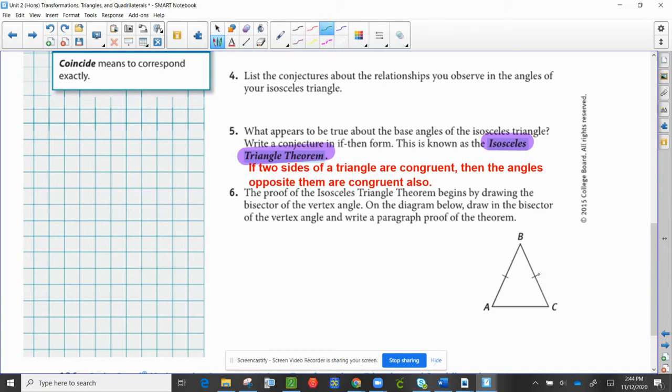If side BC is congruent to side AB, then the angles opposite them will also be congruent. So angle C is congruent to angle A. Okay, that's what that means. Your two congruent sides, the angles opposite those will also be congruent, and we can assume that moving forward.